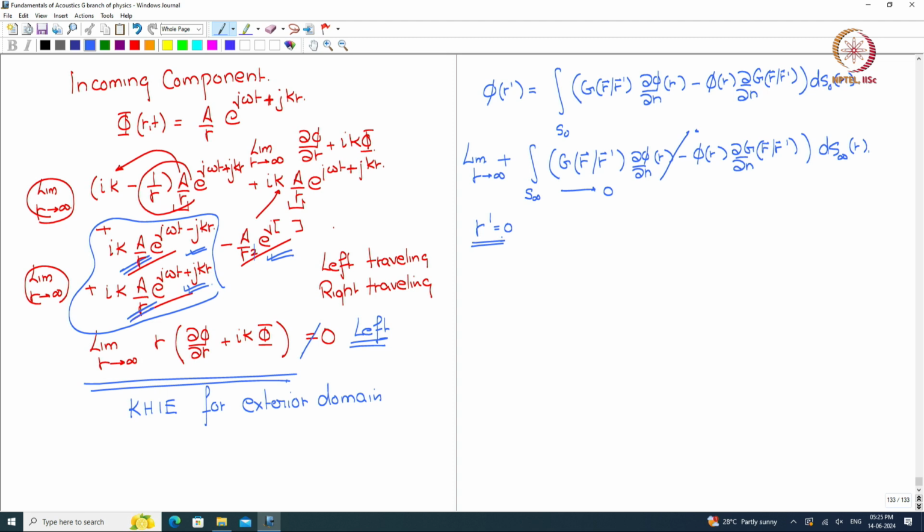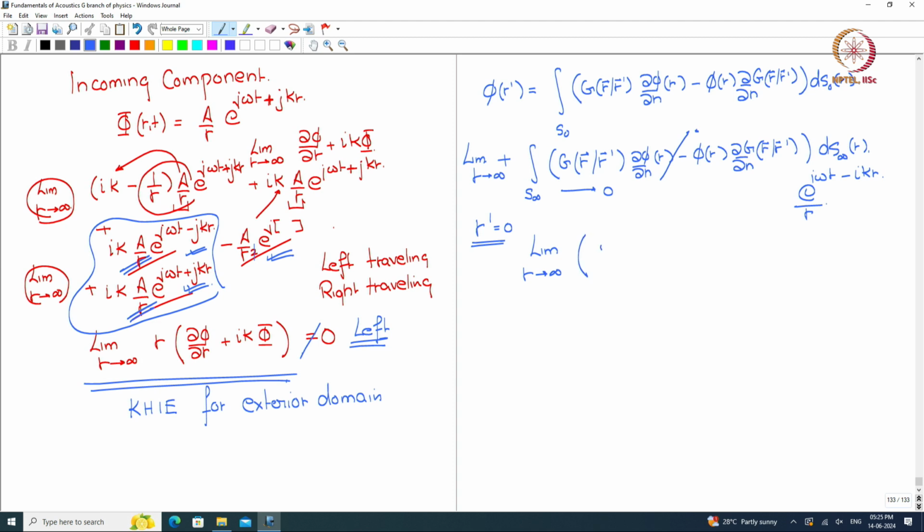Okay. So, if we do that, I have limit r tending to infinity, and I am going to use e to the power of i omega t minus i k r over r as my green function. So, what happens now?